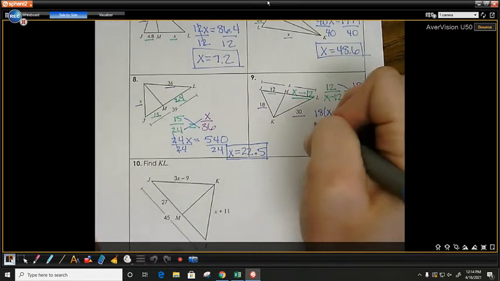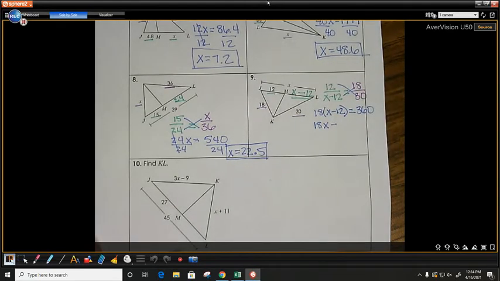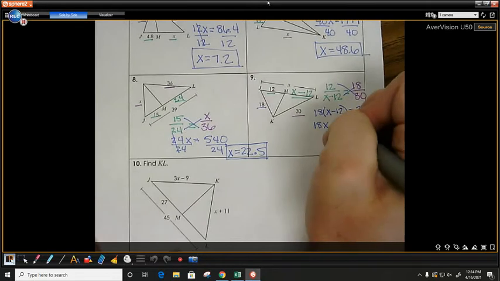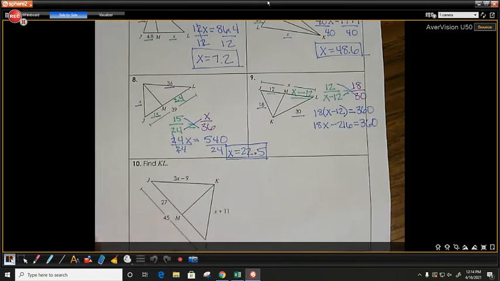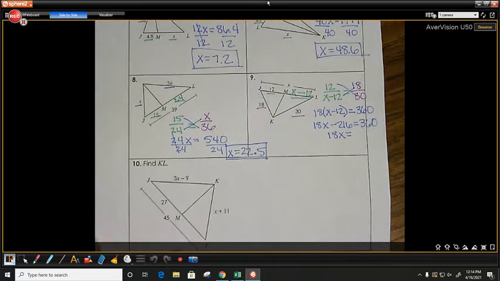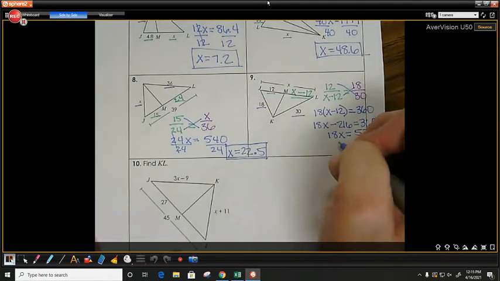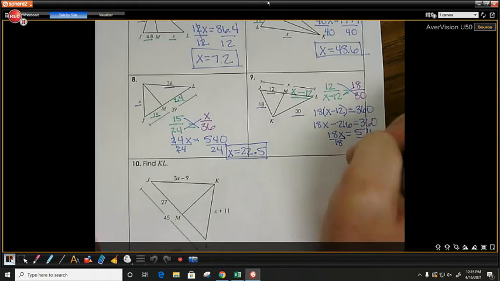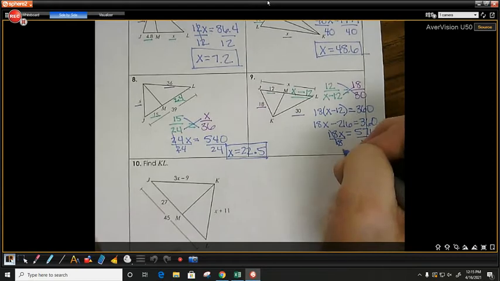We get 18x minus 12 times 18 is 216 equals 360. I'm going to add my 216, so I get 18x equals 576, and then divide by 18, and I get 32. So x is 32.